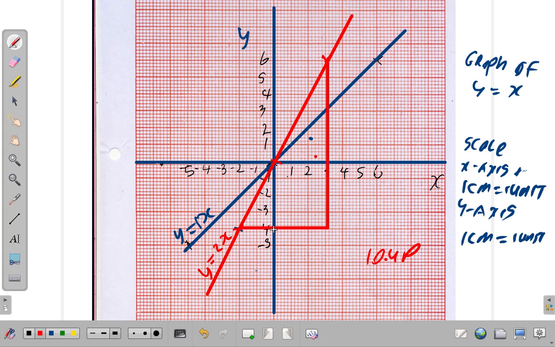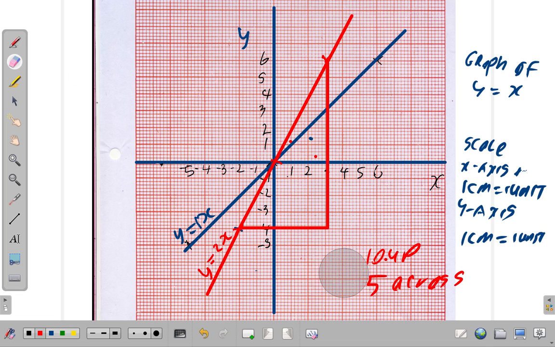Now, how wide is the triangle? 1, 2, 3, 4, 5. 5 wide. So this triangle is 5 across. We have y equals 2x. Suppose we divide the 10 by 5: 10 divided by 5 equals 2.